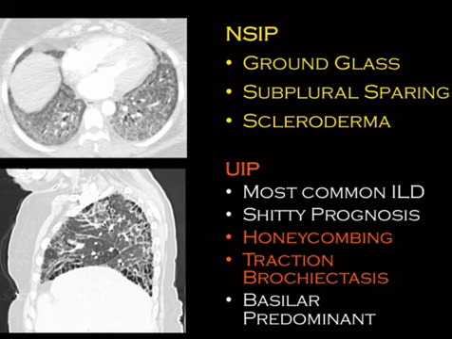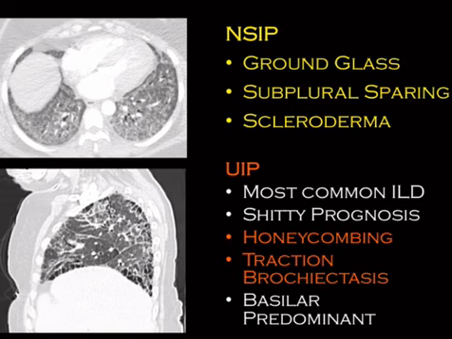Some people get down in the mud and say, is it honeycombing or is it paraseptal emphysema? Multiple rows are going to be honeycombing. Single row is going to be paraseptal emphysema. If they want to show you paraseptal emphysema, it's going to be one row. If they're going to show you honeycombing, it's going to be probably three. They want to be clear about that.